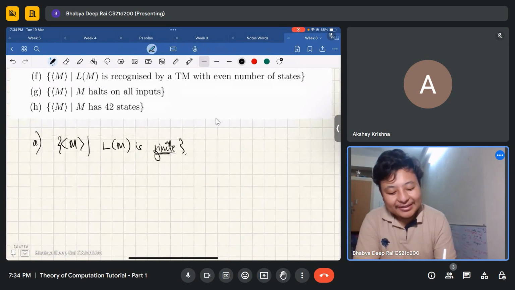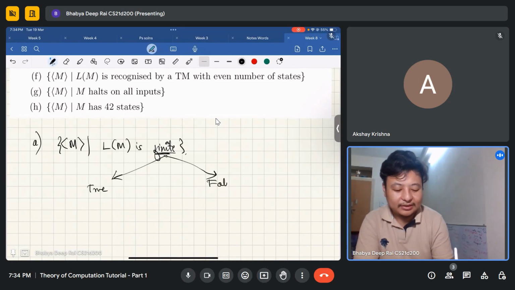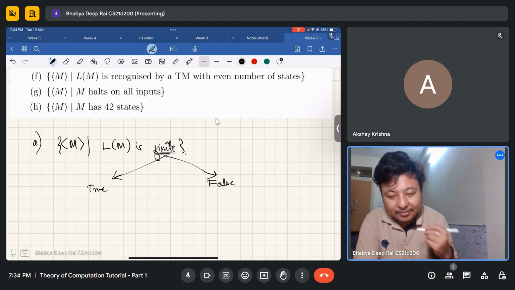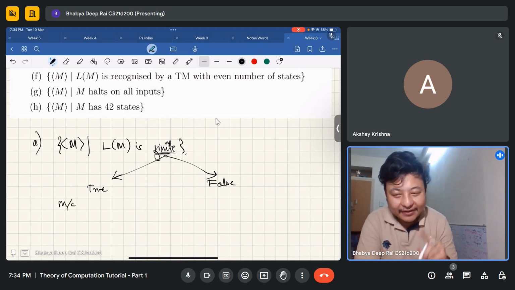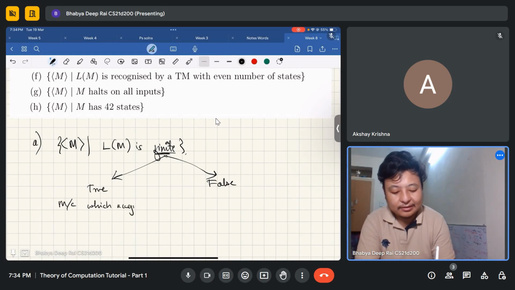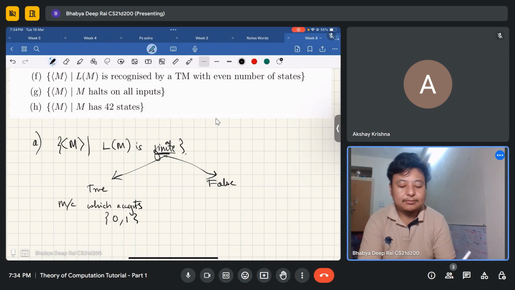Why? Because I can give you examples of when the property is true and when the property is false. An example when the property is true is a machine whose language is finite, that accepts, say, only 0 and 1.